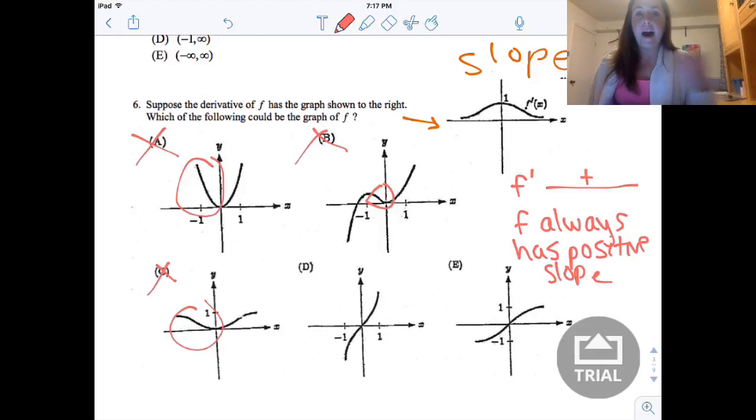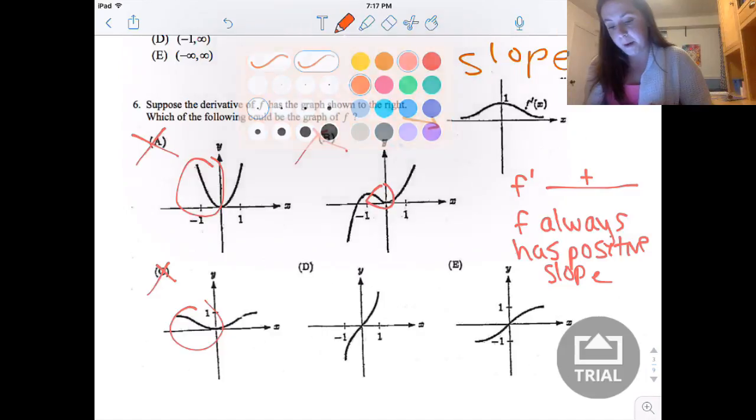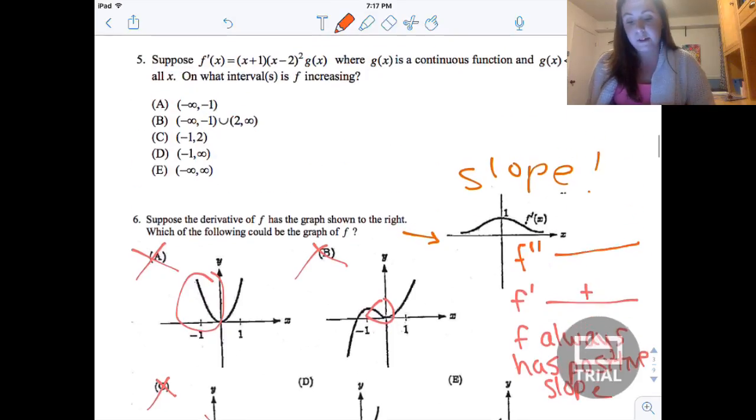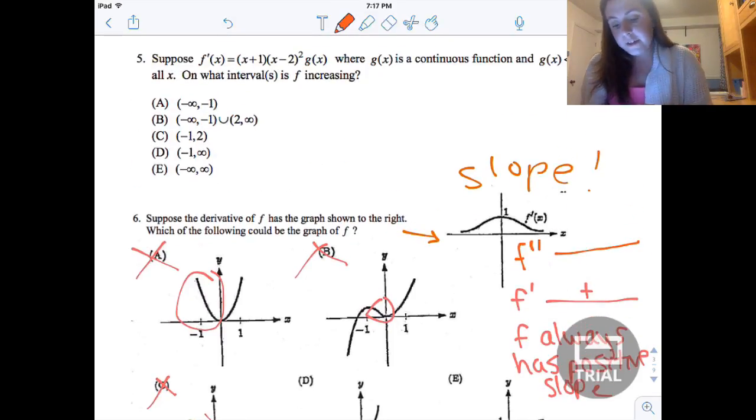So now, okay, how do I narrow it? Well, we need to look at concavity here. So I made my sign chart for f prime right over there, and it didn't ever change signs. So now I'm going to make a sign chart for f double prime. And remember that f double prime is the slope of f prime. So, bringing this down, the slope of f prime, this is increasing here.